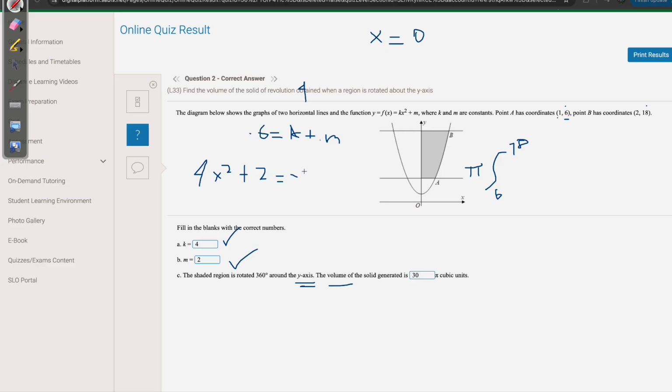Since they're asking for volume, we can simply get x squared, and that makes life easier for us. So we're gonna get y minus 2 over 4. Then that's all you're gonna integrate. But on the calculator, put it as x minus 2 over 4, so you don't get confused. And then you plug this in. From 6 to 18, we're gonna integrate x minus 2 over 4. We're gonna get 30 pi.